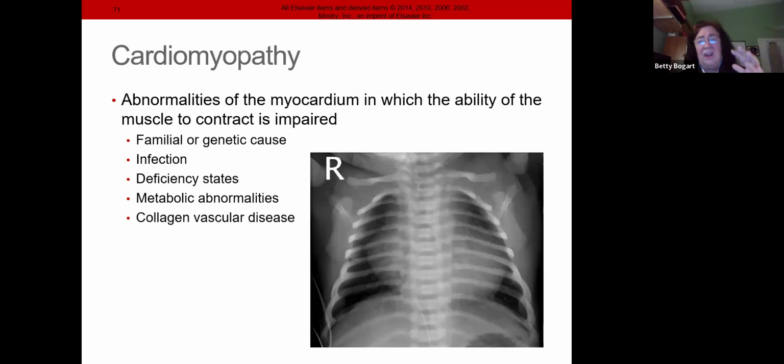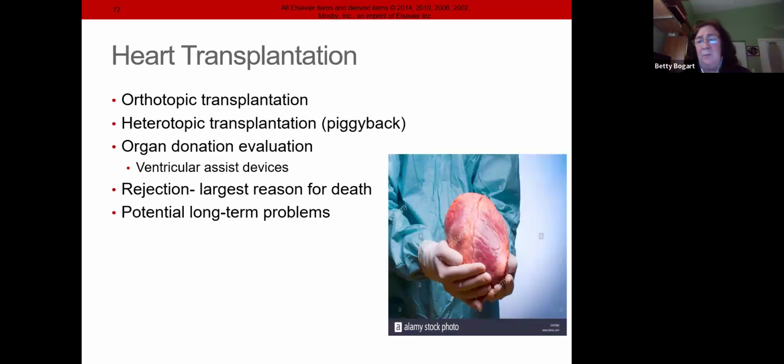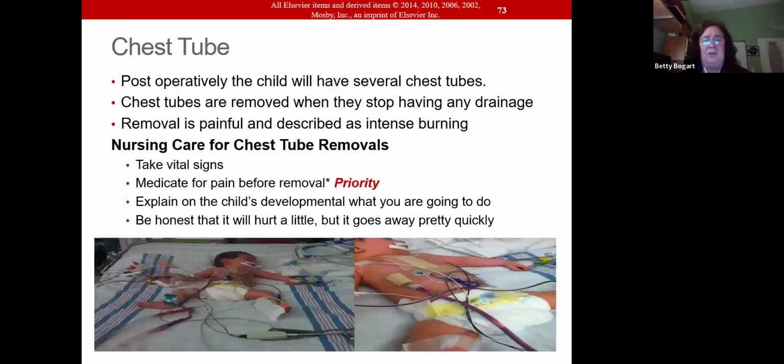Now, we can only fix it, give them a tune up so many times, and they end up with a heart transplantation. Know that with transplantation, the biggest problem for death is rejection. We try to match them up well, but the biggest problem that we are concerned about is rejection.